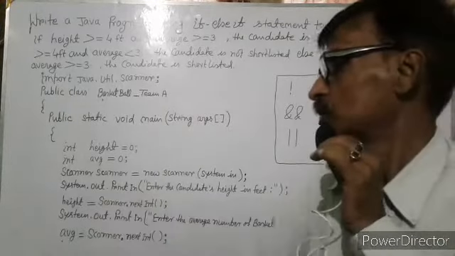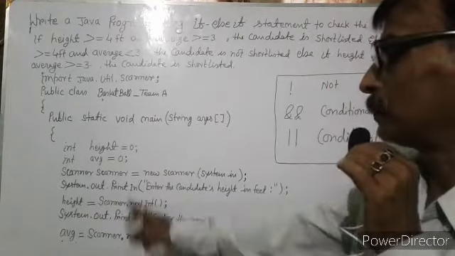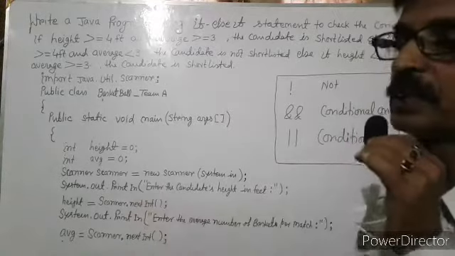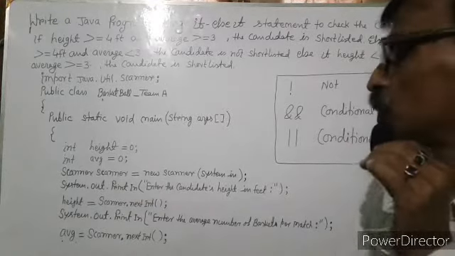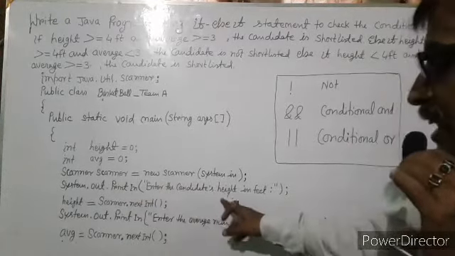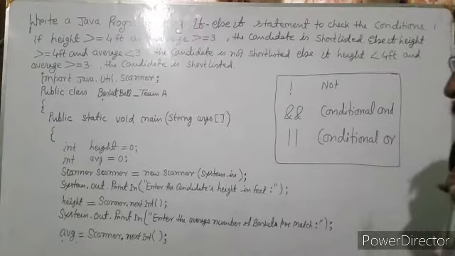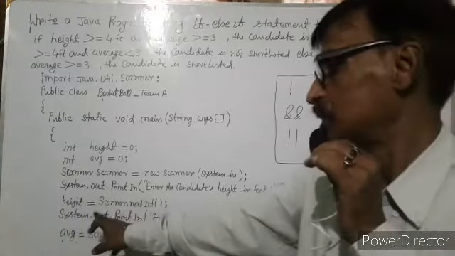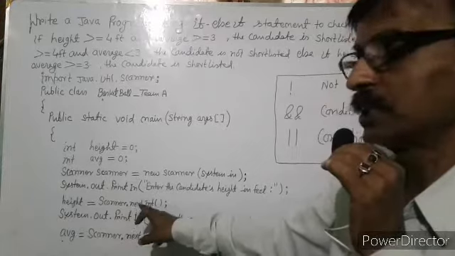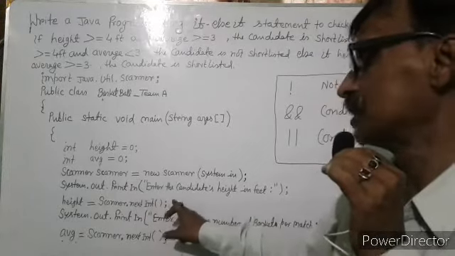System dot out dot println parenthesis begin, within quotes, enter the candidate's height in feet colon, quotes close, parenthesis close semicolon. Height equals scanner dot nextInt function semicolon.